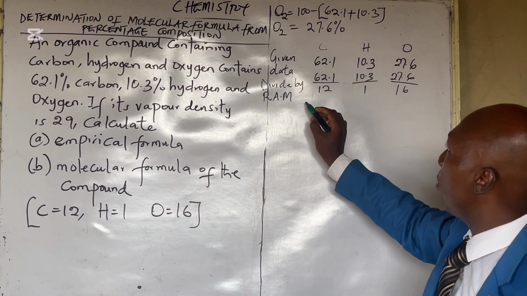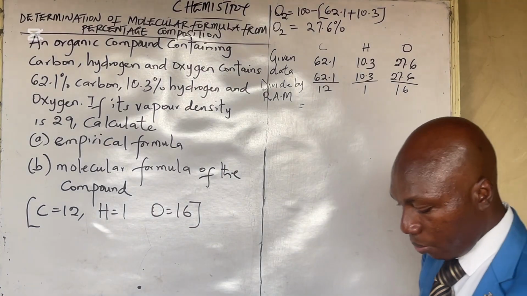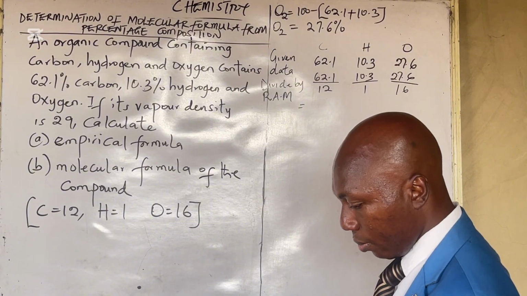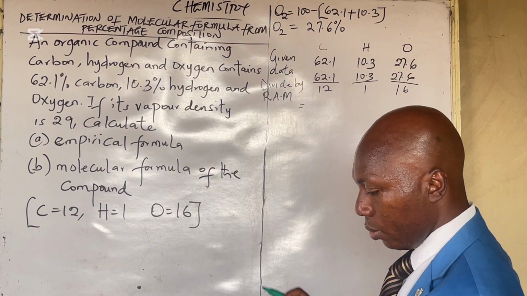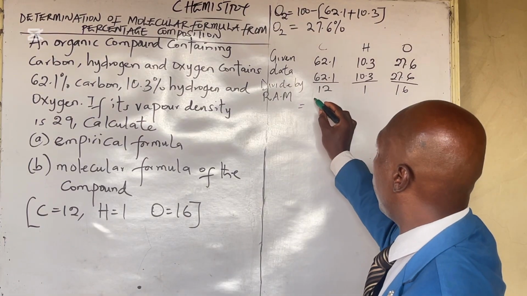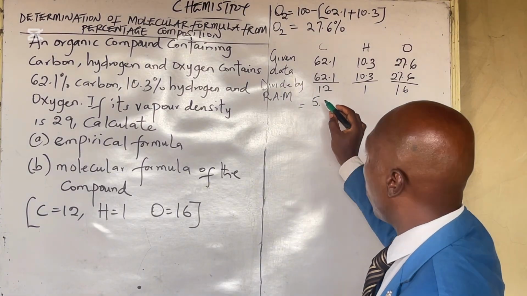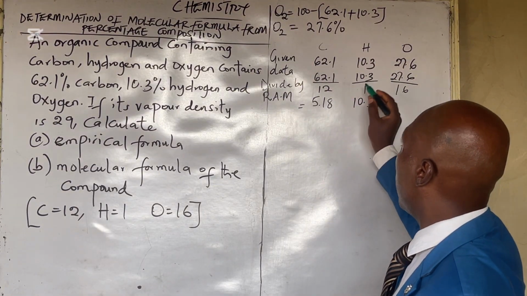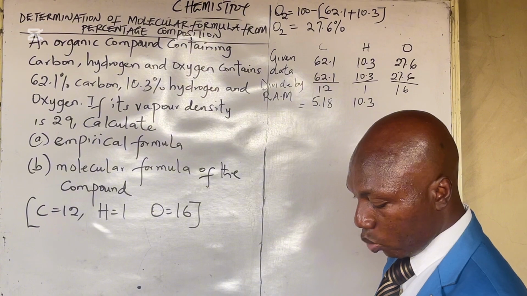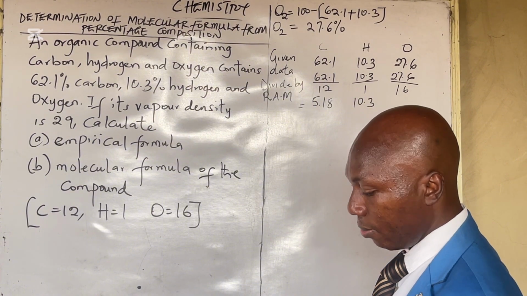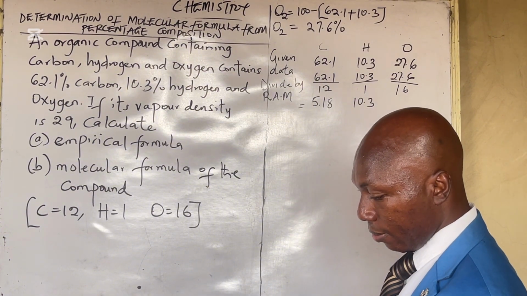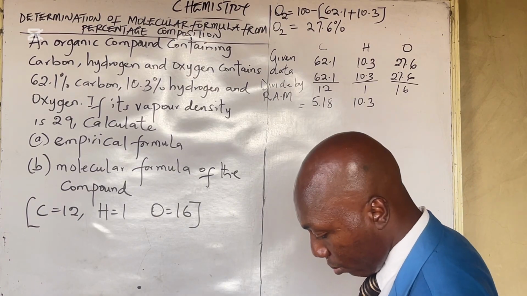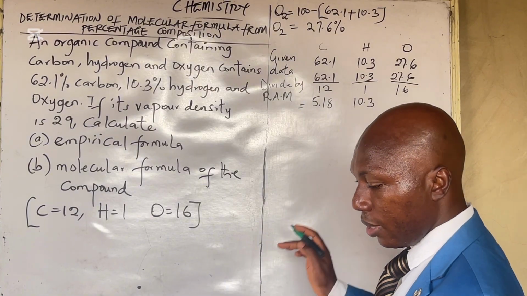So if you do that very well, 62.1 divided by 12 we have 5.18. That of hydrogen, that's 10.3, when we divide it by 1. And we have the next one, 27.6 divided by 16, we have 1.73.